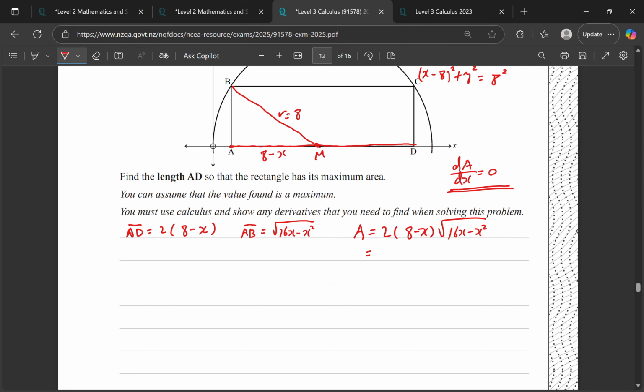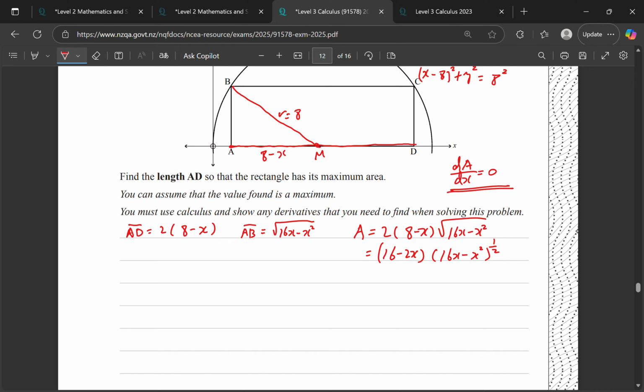First I can expand the 2 times everything inside, so 16 minus 2x times 16x minus x squared to the power of half. Instead of expanding further, I'm going to use the product rule.